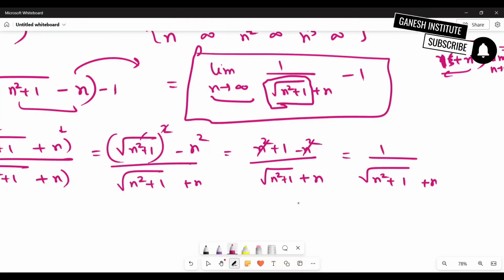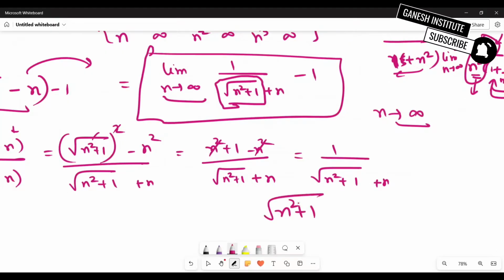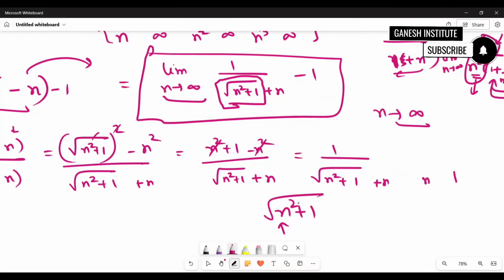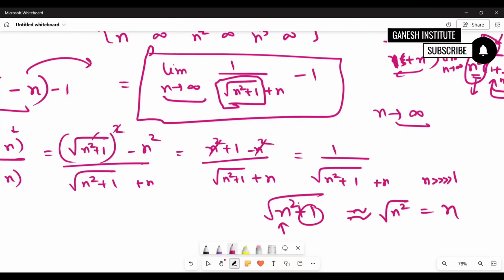As n increases, because n is tending to infinity, approaching infinity, don't you think that n square plus 1, because n is increasing like anything, n would be bigger than 1. So you can neglect 1 and say that it is almost equal to n square, so n, right? Can you say so?